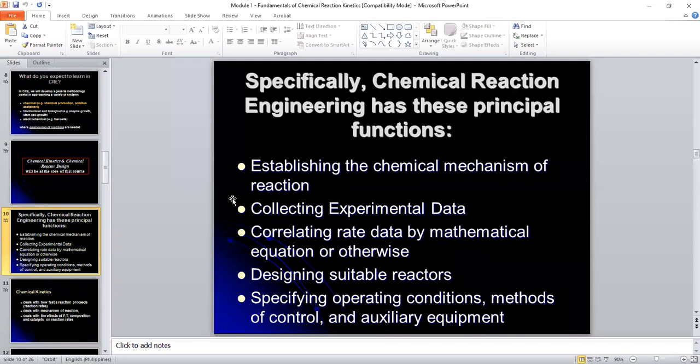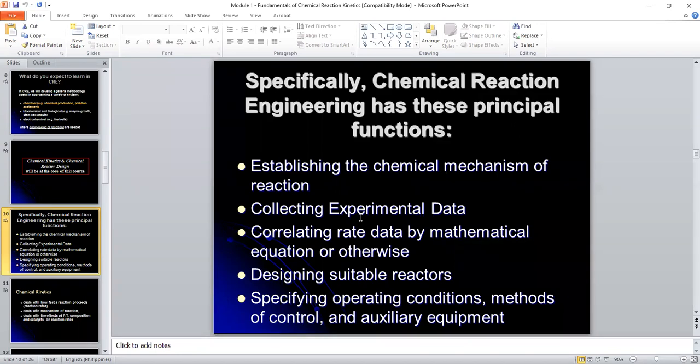So you determine how the concentration changes or how the volume changes and so on and so forth. So that's collecting experimental data. That way we can come up with the rate equation that will best, shall I say, represent the behavior of the species in your chemical reaction.